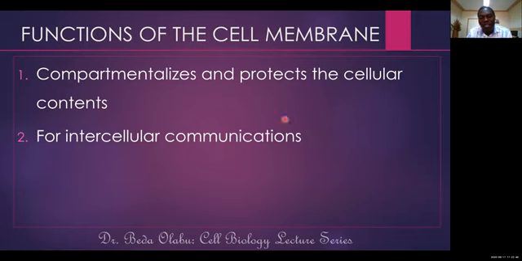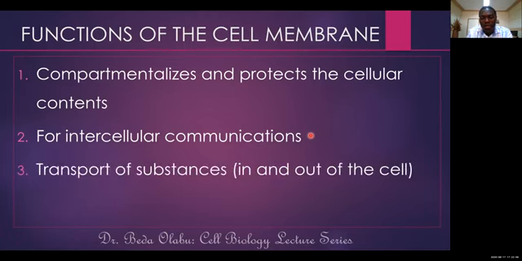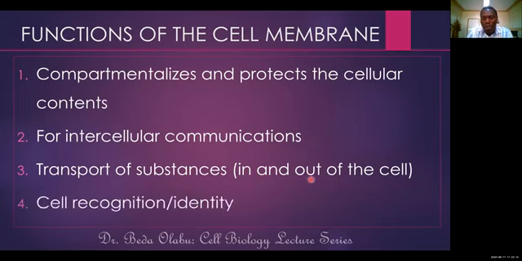But another better example is with regard to how signals are transmitted along the cell membrane of neurons. That is still a form of communication. Cell membrane is also responsible for transport of substances into and out of the cell. We are going to see how substances are transported into and out of the cell.